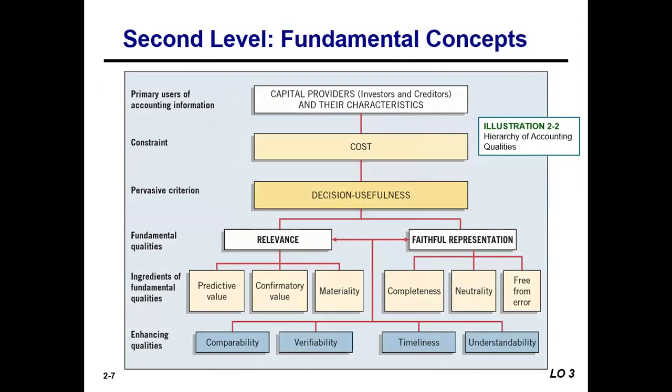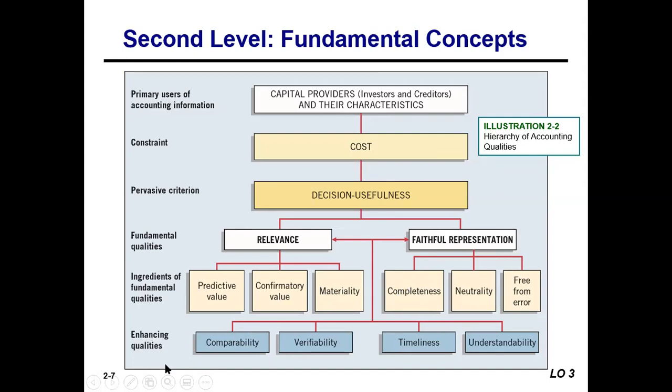All right, so we see that broken down here, again, relevance and faithful representation are the overall qualitative characteristics, as well as some of these enhancing qualities. So when we think about relevance, we can drill down on that: predictive value, confirmatory value, materiality. Faithful representation, we can drill down to mean completeness, neutrality, free from error.